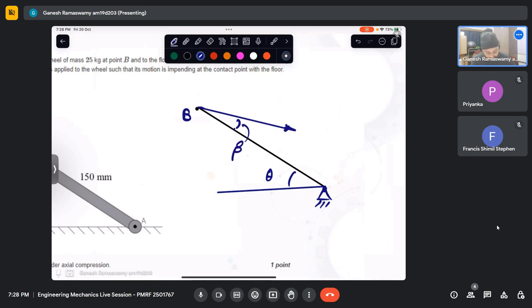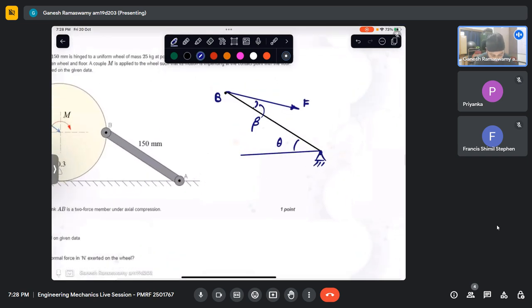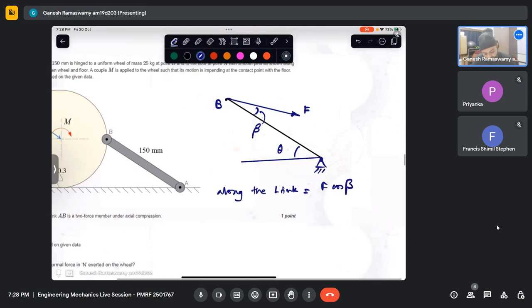Now if this is the force, then the force along the link is F cos beta. I am just resolving this into two components. One is along this, which is F cos beta.